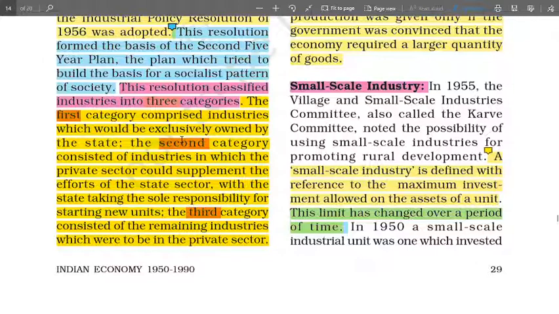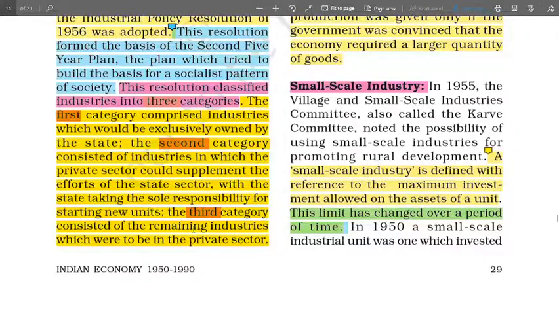That means no private industrialist can set up industries falling under the second category. So the first and the second are more or less owned by the government. In the second, there are some private industries which are existing but not new ones. But the third category consisted of all the other remaining industries that were not in the first two.